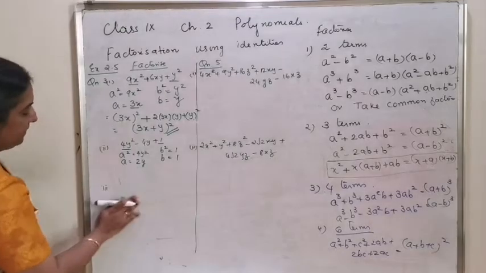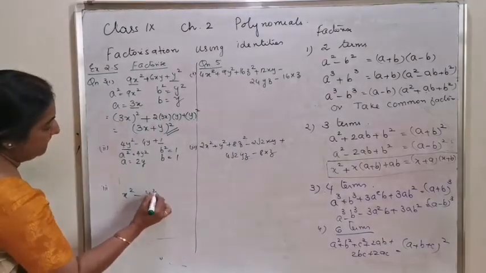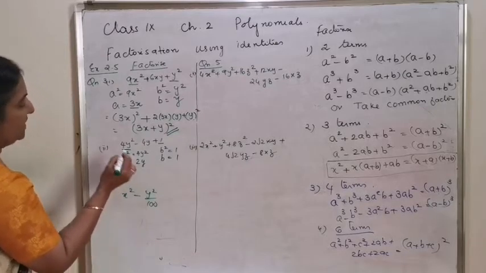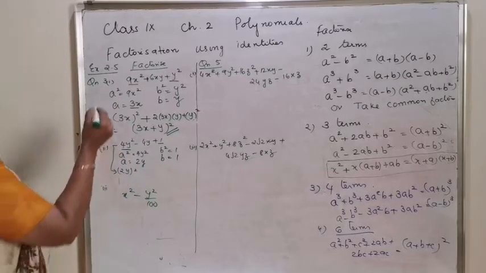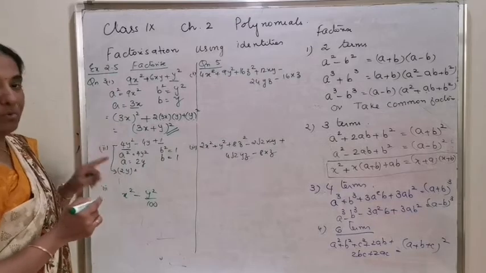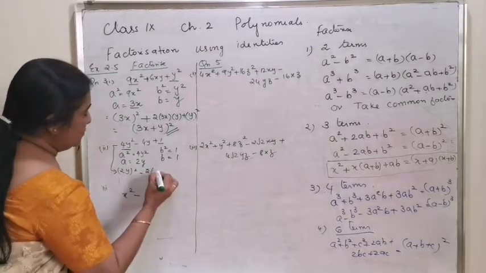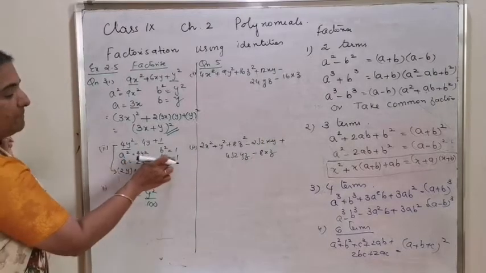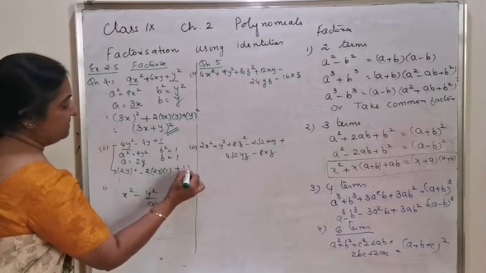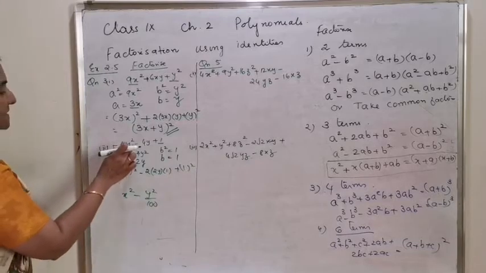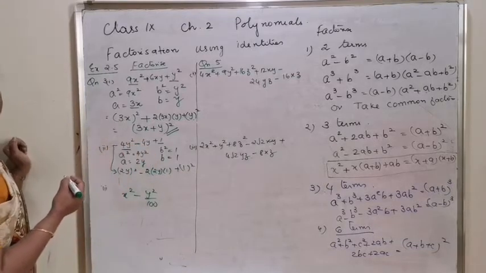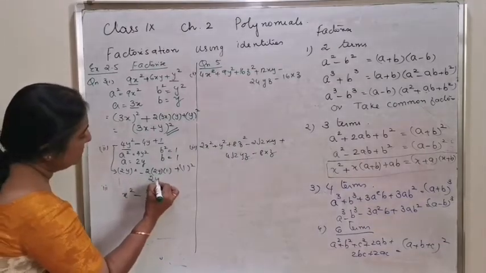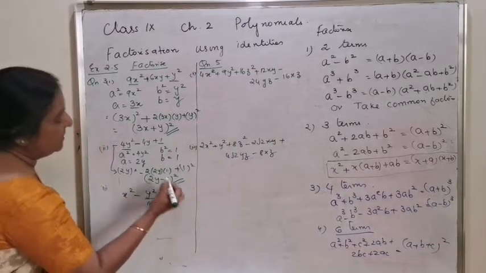Arrangement: you will arrange as 2y the whole square minus 2 into 2y into 1, plus 1, that is a square minus 2ab plus b square. Since the sign is negative here, it takes the identity a minus b the whole square. So the answer is 2y minus 1 the whole square.